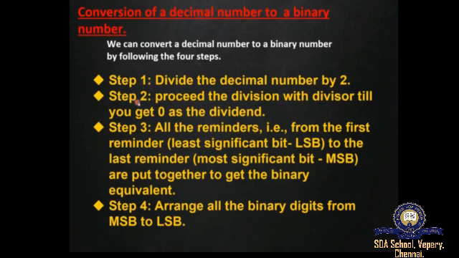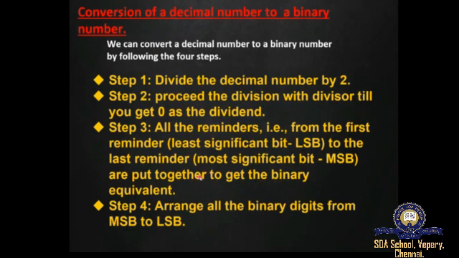And step 2 is proceed the division with the divisor till you get 0 as the dividend. Now step 3, all the remainders, from the first remainder, least significant bit LSB, to the last remainder, most significant bit MSB, are put together to get the binary equivalent.